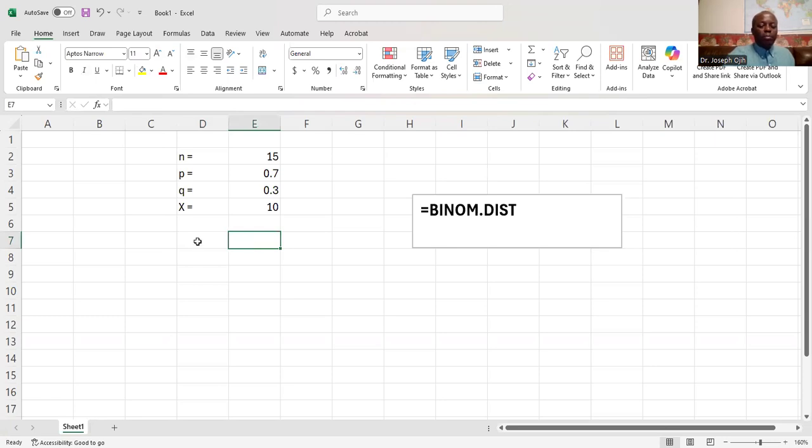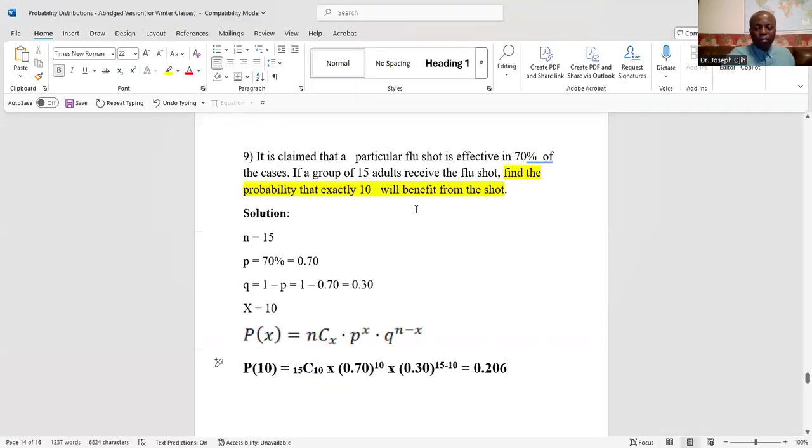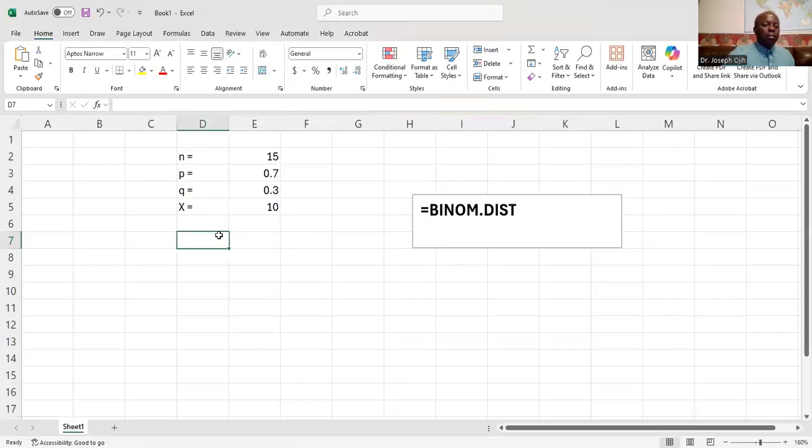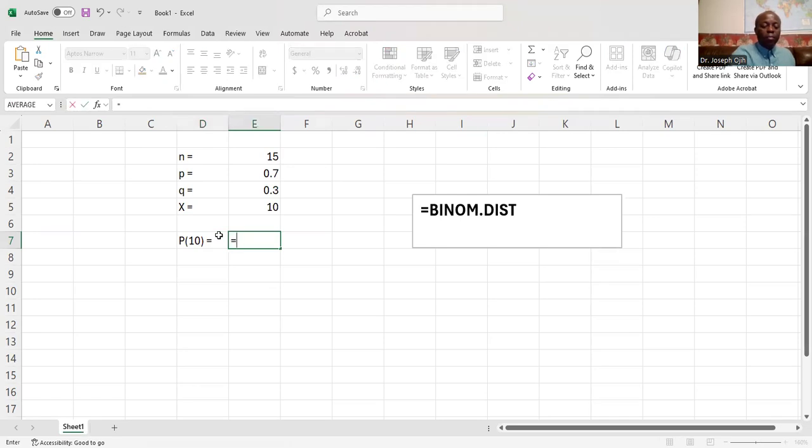So the probability they ask us to find is the probability that it's exactly 10 benefits. So the probability of exactly 10 becomes P of 10 equals. Put the equal sign, then type BINOM.DIST.